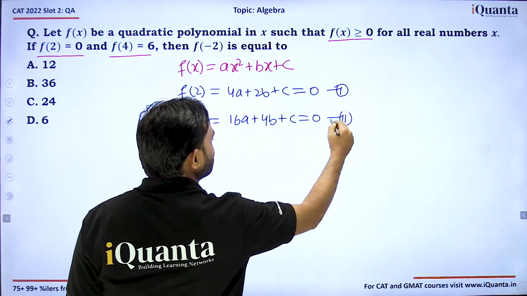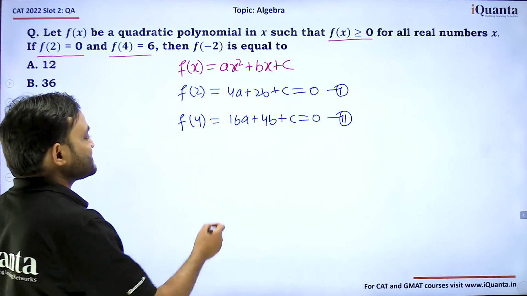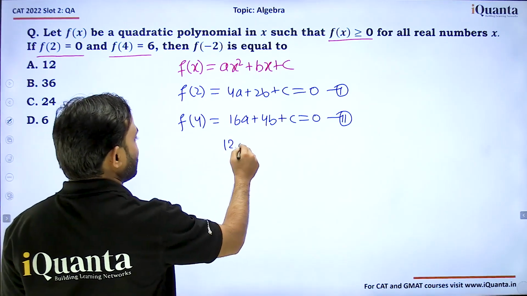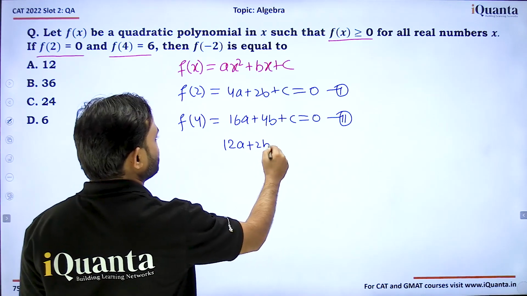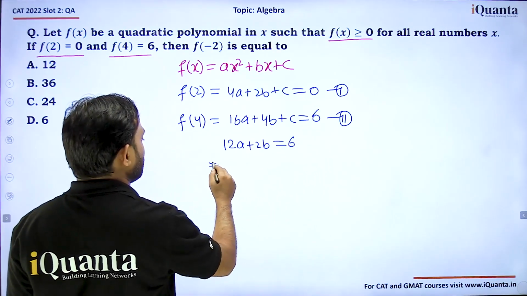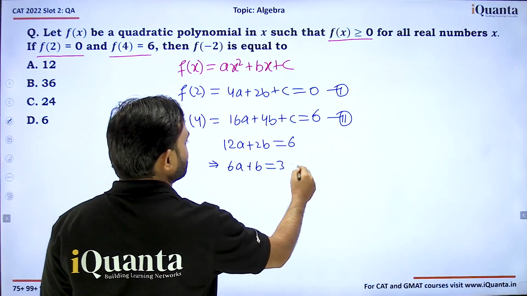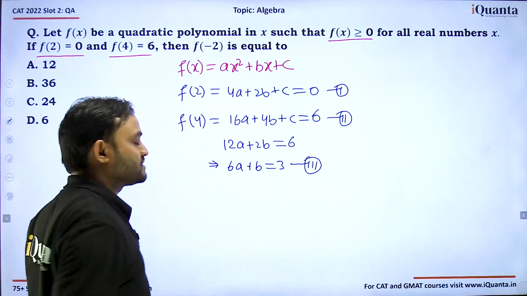This is our second equation. So if you subtract this, what do we get? 12a plus 2b will be 6, or we can say 6a plus b will be equal to 3. So this is our third equation.